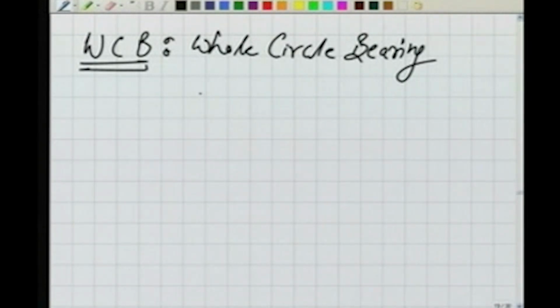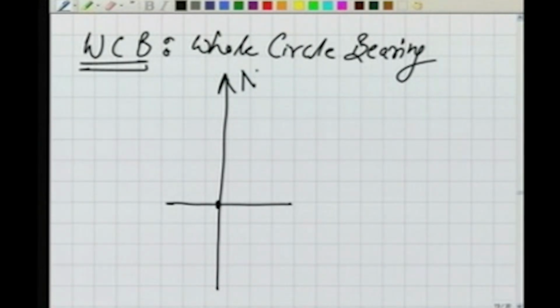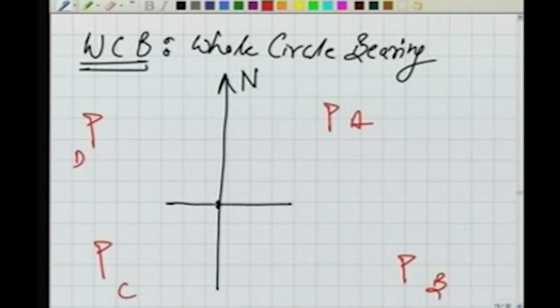Let us say the direction of north at a particular point is this, or this is the magnetic meridian. I write N here. We have a ranging rod somewhere here, and here, and here. A, B, C and D, and the observer is at O. I want to measure the bearings.